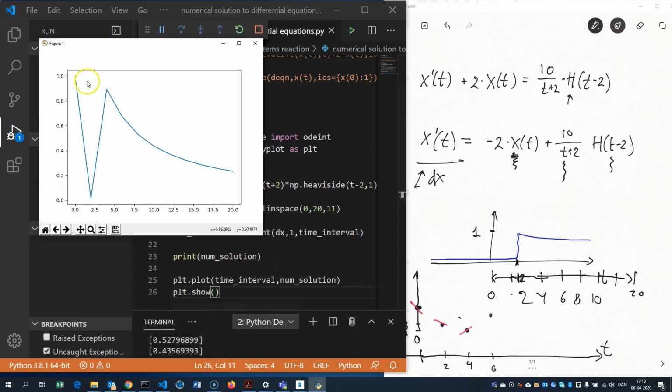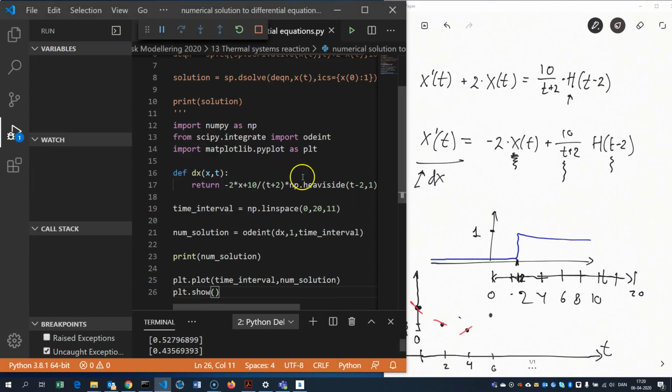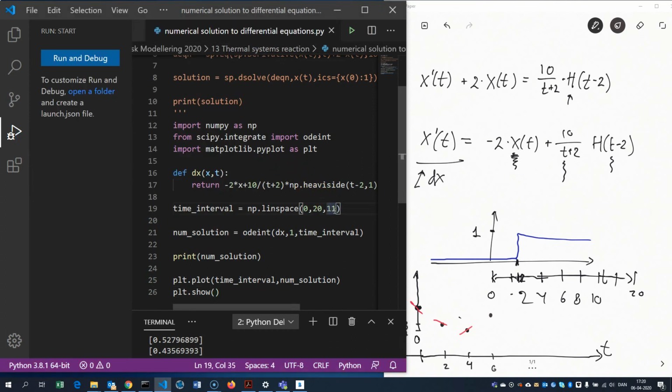There we are. Now, this curve looks kind of, you can actually see the points, that they're connected with straight lines. And that's because we don't really have a lot of points. We only have 11 points. That's not quite enough. So I'll increase the number of points. Let's just go to 100 points. Run the script again.